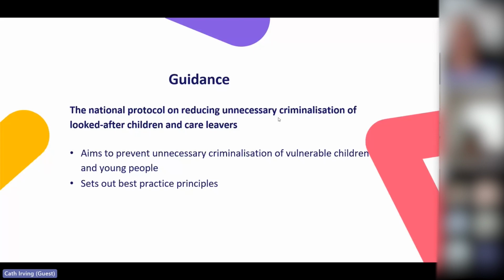The United Nations Convention on the Rights of the Child includes preventing criminalisation of children and highlights the importance of protecting children. This is a particular concern for young people with additional vulnerabilities, such as those who are looked after or care leavers. A criminal justice response is appropriate in a small number of cases, and the framework aims to prevent the unnecessary criminalisation of children who are already highly vulnerable.